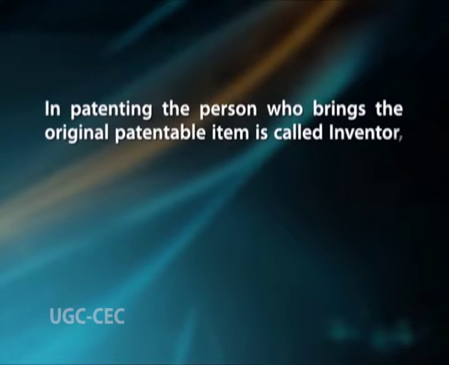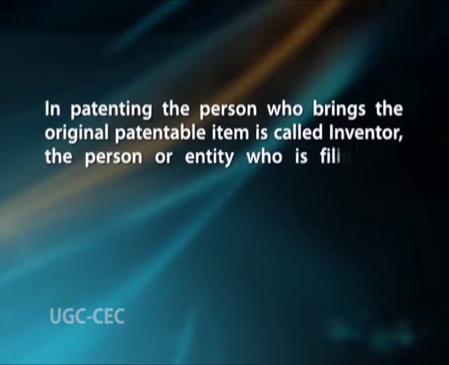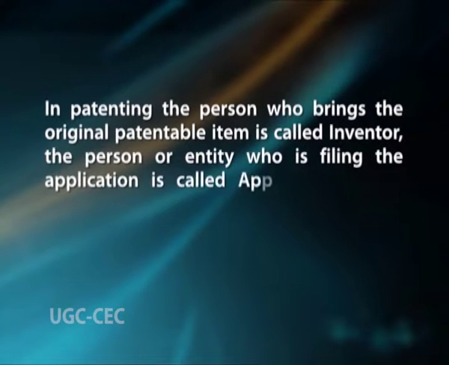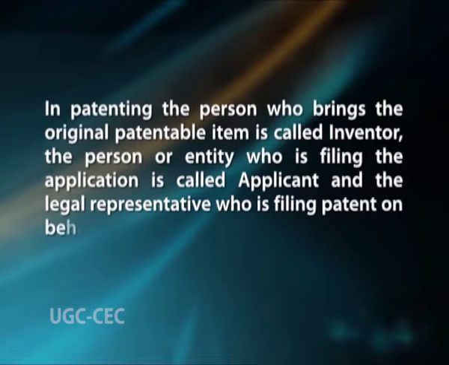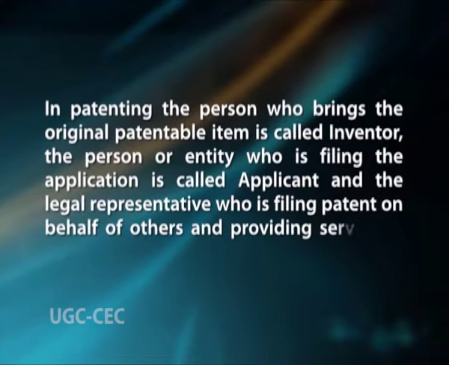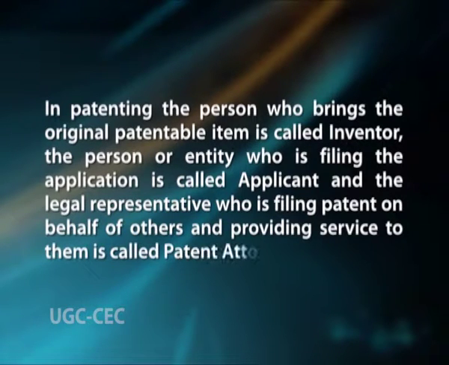In patenting, the person who brings the original patentable item is called the inventor. The person or entity who is filing the application is called the applicant, and the legal representative who is filing the patent on behalf of others and providing service to them is called the patent attorney or agent.